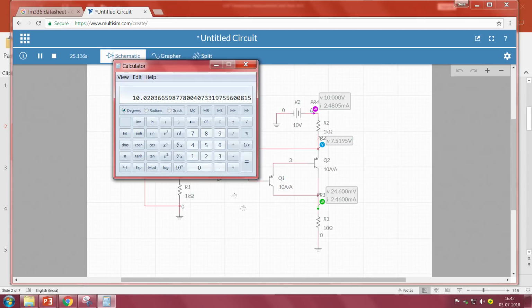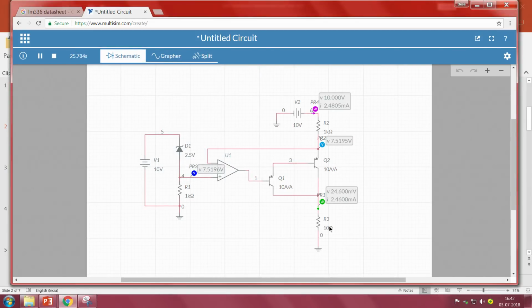So, observe, what is the resistance? 10 ohms. Forget about 10. What I will do is go with somewhere around 100 ohms. Now, I do not look into the current, I only require the voltage. So, the voltage is 246 milli.